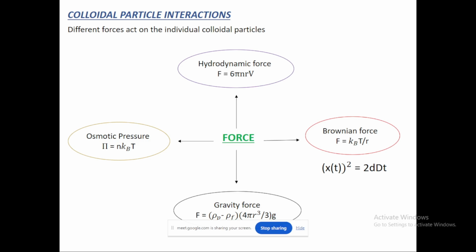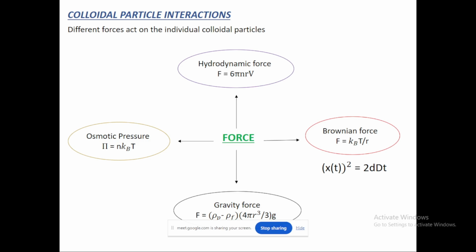So this is one kind of force acting in the system. Predominantly there are two here: one is the gravitational force and the other is the buoyancy force. Of course, this comes into the picture only when the density of the particle is greater than the density of the suspension medium.